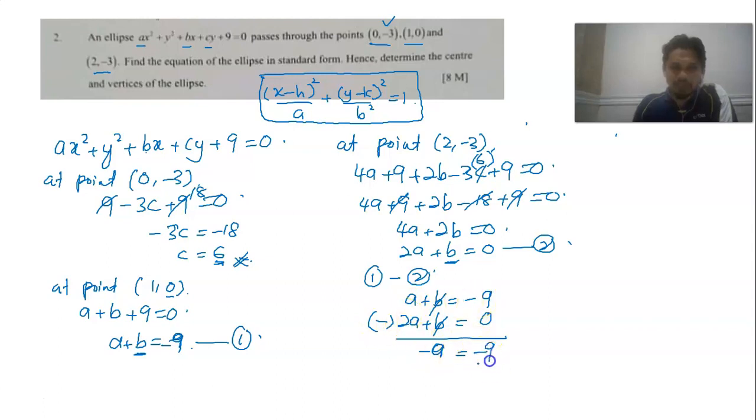Negative 9 minus 0 is negative 9. So then a equals 9.